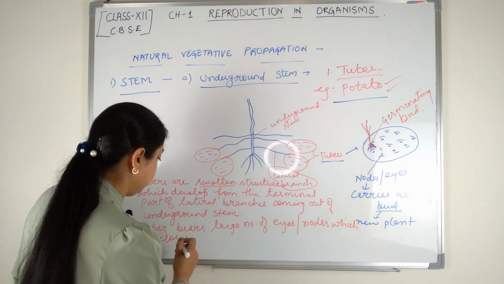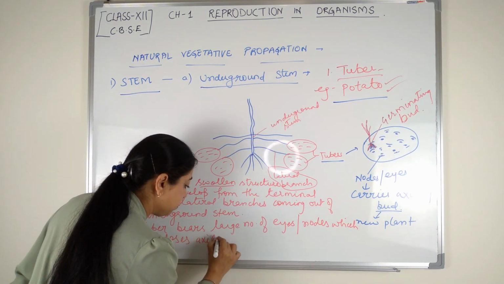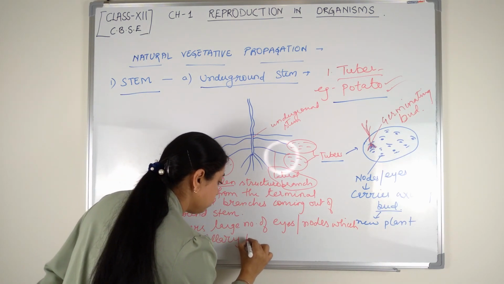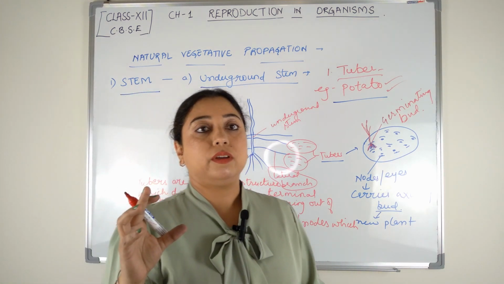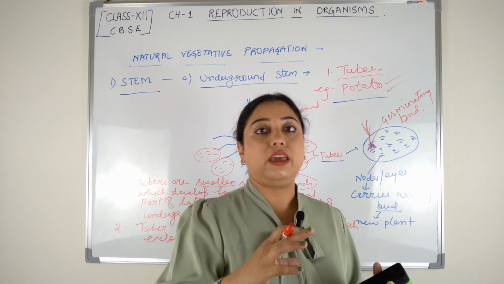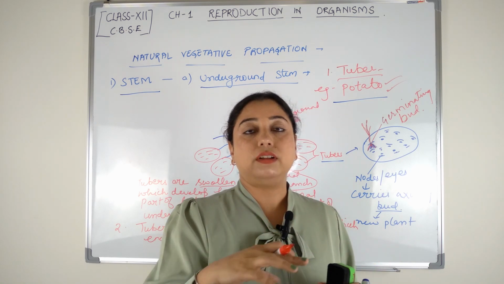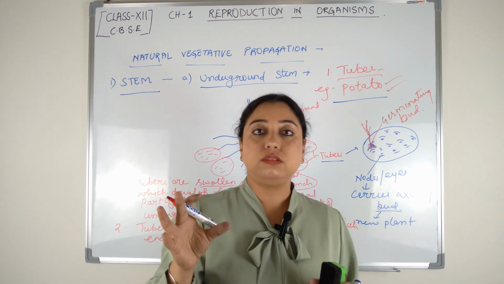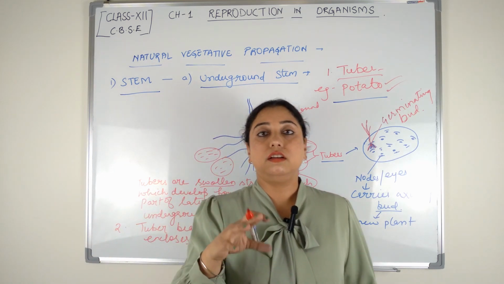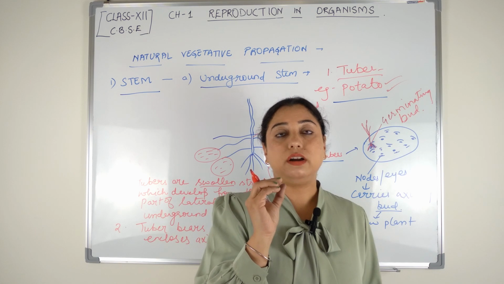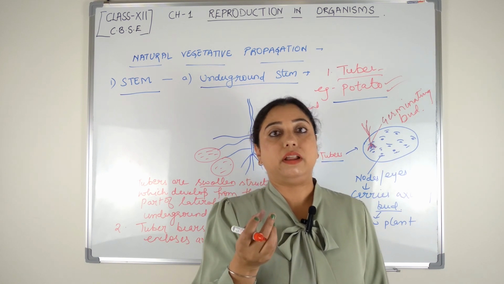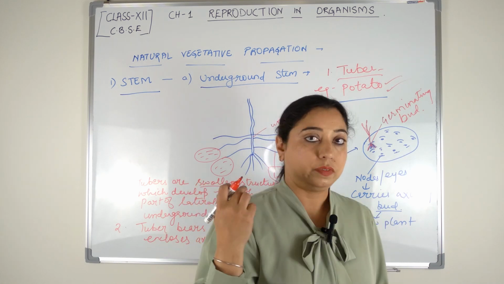They enclose the axillary bud. So all the tubers, which are vegetative propagules, comprise a large number of eyes or nodes all over the surface, and each of the eyes encloses a small bud, which is an axillary bud, which is going to produce a new plant when buried in the soil, right?